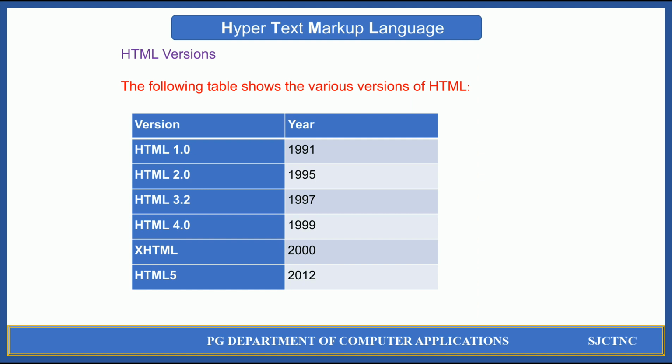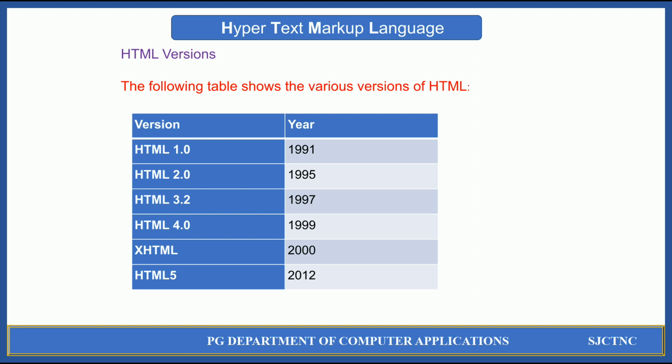Now we will see about the HTML versions. Initially, HTML 1.0, developed by Berners-Lee in 1991. Second, HTML 2.0, the first standard HTML specification, published in 1995.